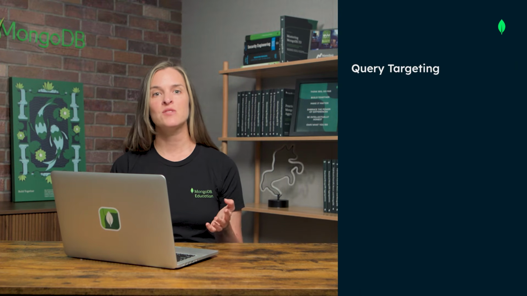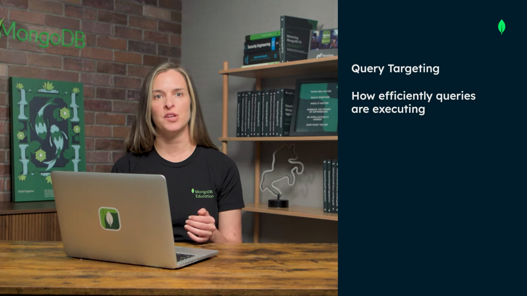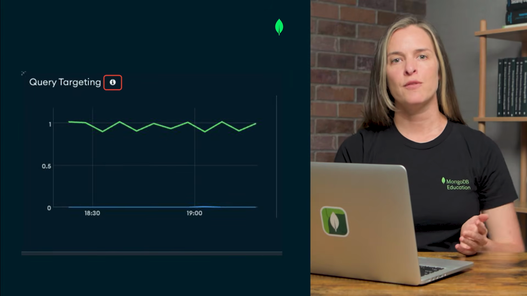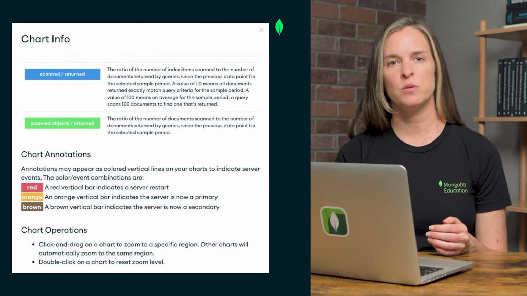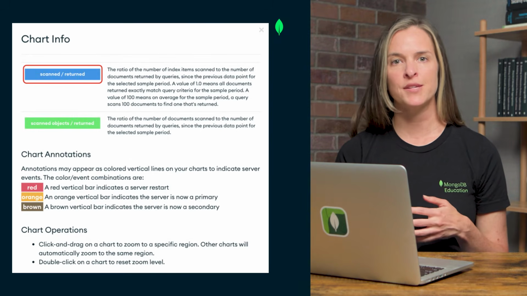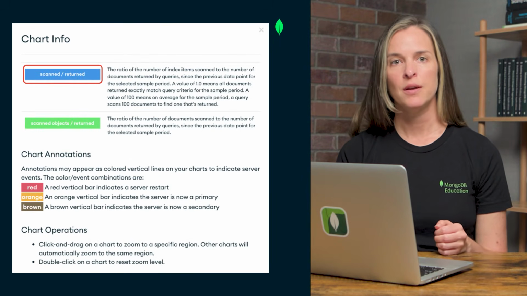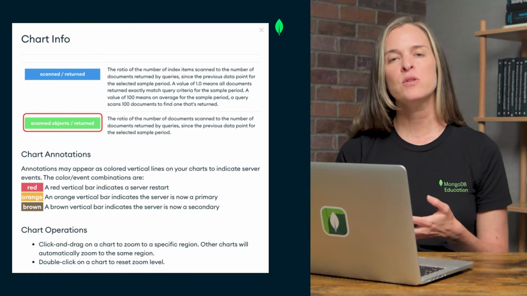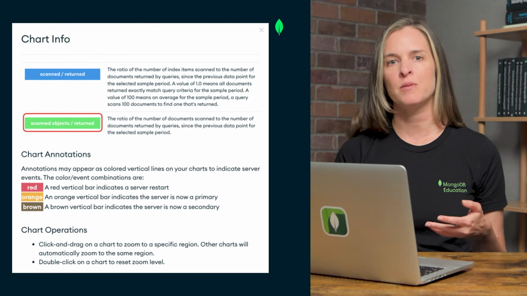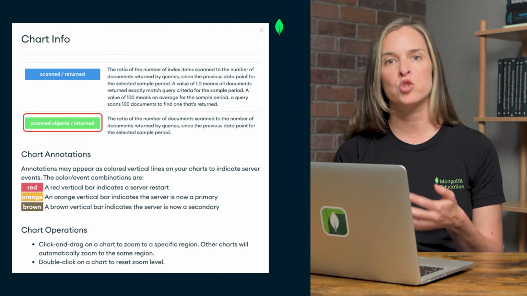Query targeting tells us how efficiently queries are executing. When we click on the chart information icon for query targeting, the chart displays two key ratios. One is the ratio of index keys scanned to documents returned. This shows how efficiently indexes are being used. The other is the ratio of scanned objects, or documents, to the number of objects returned.